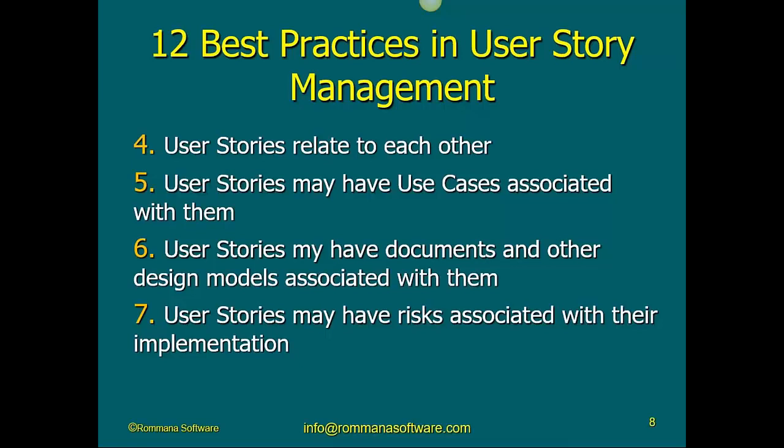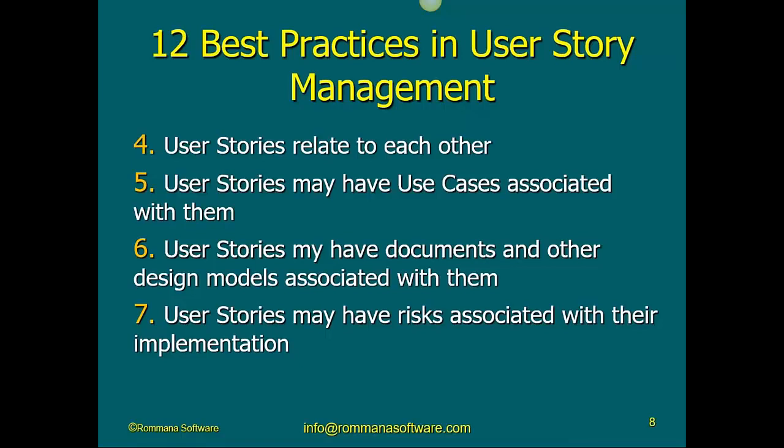So in this user story that I have, that says, as a customer, I want to be able to cancel my order online, I am suggesting that if I want to understand how this user story will work, I might very well build a use case to show the interaction between the customer and the system, and between the system and the accounting system, because the refund is going to be issued, and between the system and the inventory system and whatever other systems are involved.